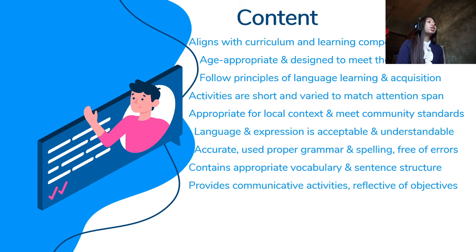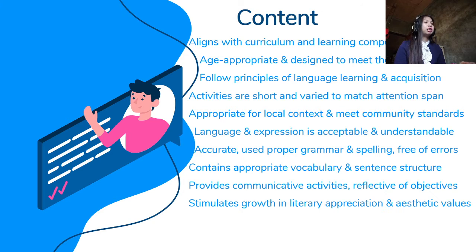It should provide communicative activities, especially in English, that are reflective of the objectives. And it should stimulate growth, especially in literary appreciation and aesthetic values. So these sub-indicators for content are very much applicable to English or any language subject.